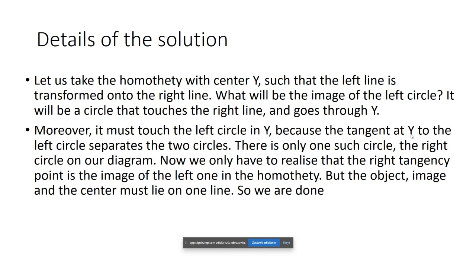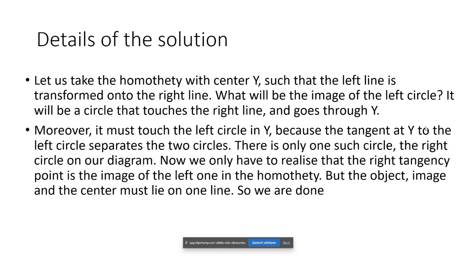Because if you consider the tangent, the whole of the left circle, the object, is to the right of it. But when you use this similarity with negative coefficient, all of those points will get transformed onto the other half plane, which is defined by that line.